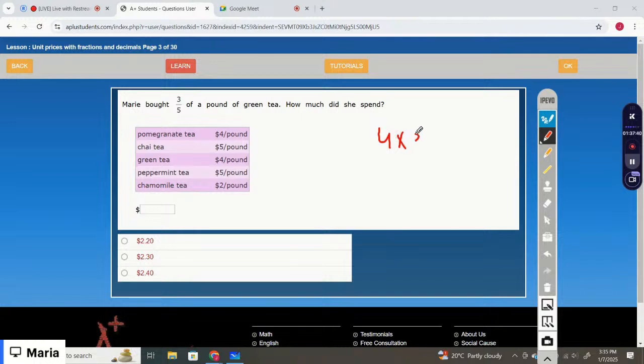So that is 4 times 3 over 5. 4 times 3 is 12, 12 over 5 equals 2.4.